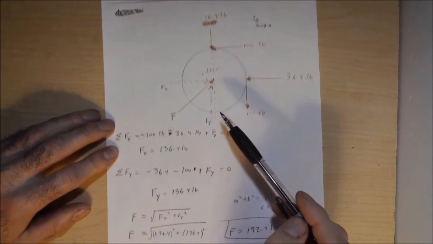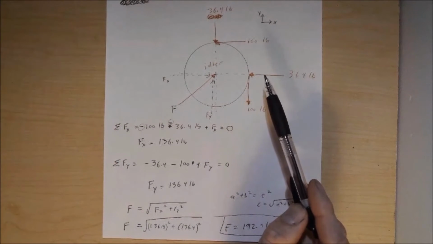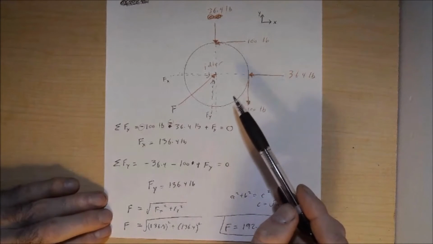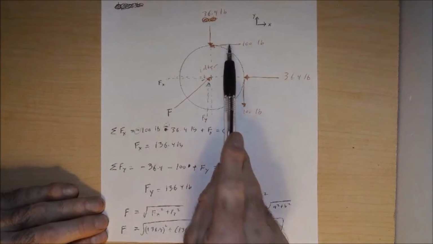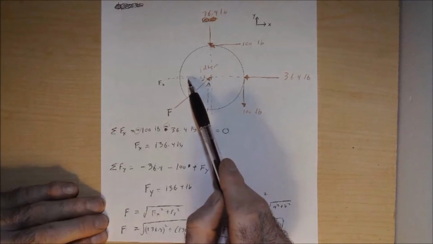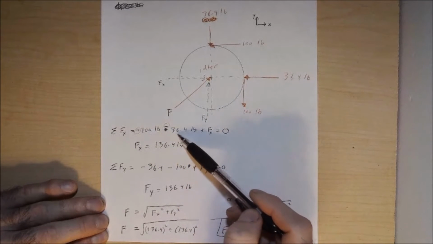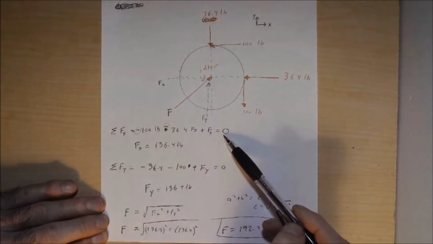So the next thing we want to do is take the information from this free body diagram and do our summation of forces. For the summation of forces in the x direction, I look and see I've got a negative 100 here, a negative 36.4 here, and a positive Fx here. So the summation of forces in x is negative 100 pounds minus 36.4 pounds plus Fx equals 0.